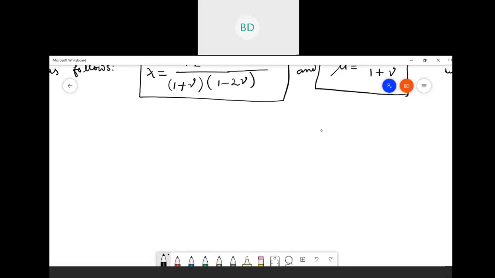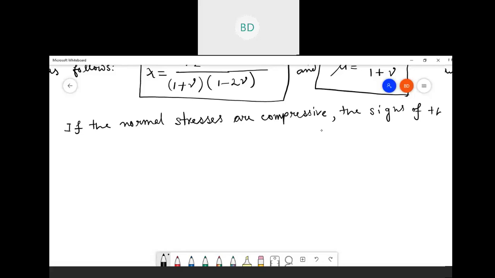If the normal stresses are compressive, the signs of the corresponding terms change in equation one.